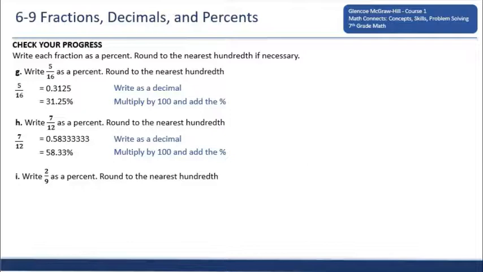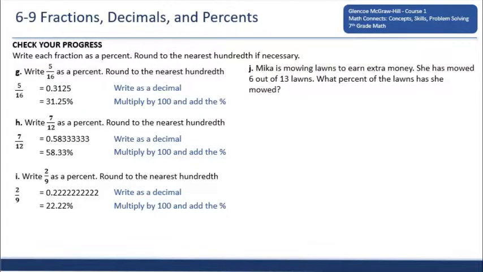I, write 2/9 as a percent and round to the nearest hundredth. So 2/9, divide 2 by 9. That's the decimal we get. We're going to change it to a percent by multiplying it by 100, and we'll round to the hundredths.